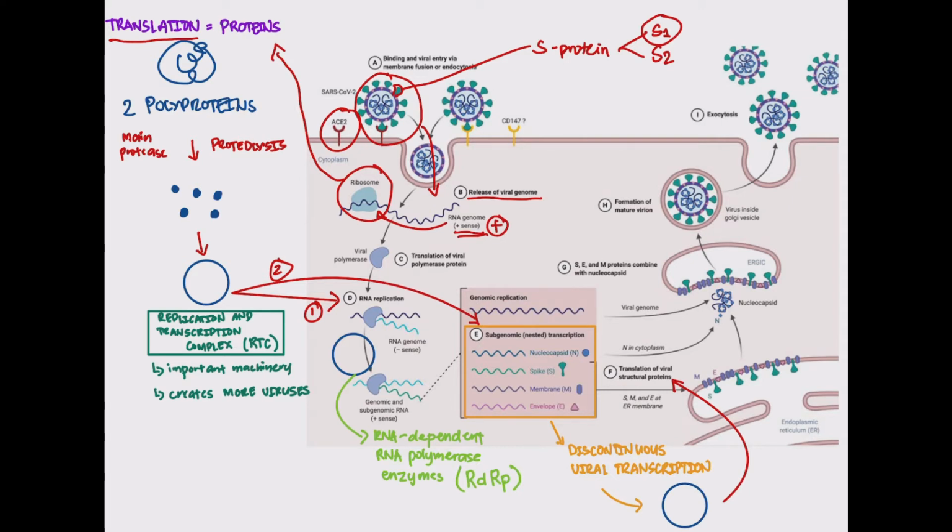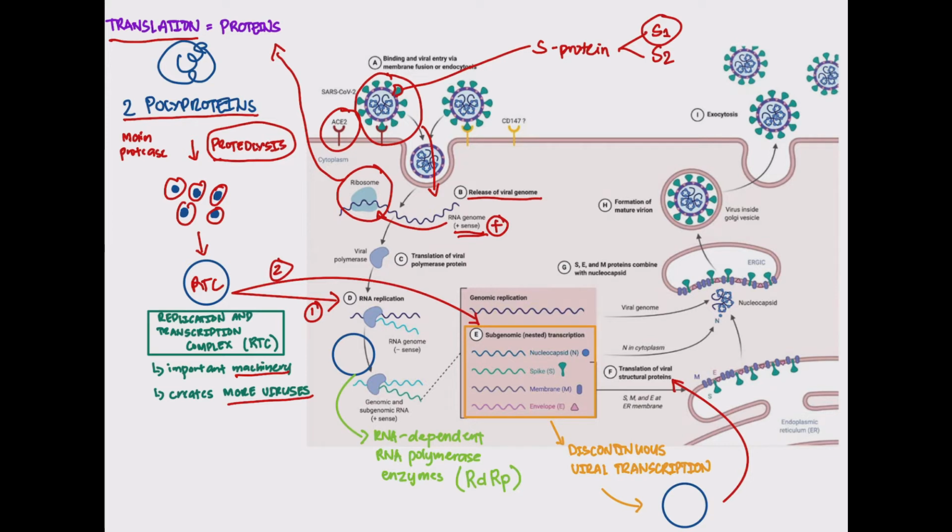This creates two polyproteins, which are now processed by the main protease through the process of proteolysis that cuts them into many more smaller proteins and assembles them into what we call the replication and transcription complex, or RTC. This RTC is now an important machinery to help create more coronaviruses.